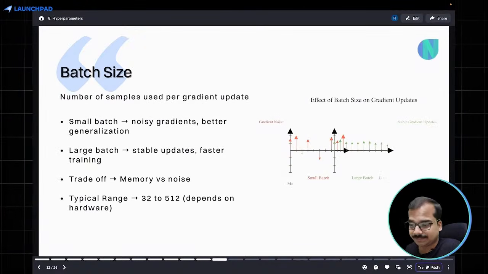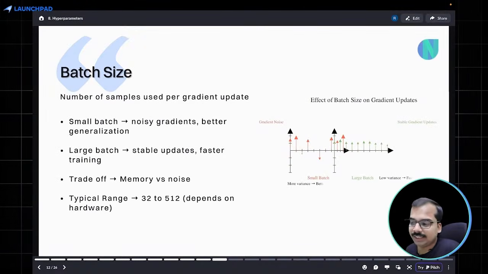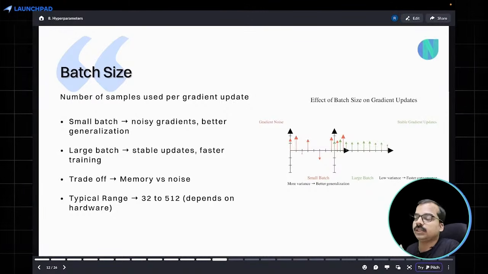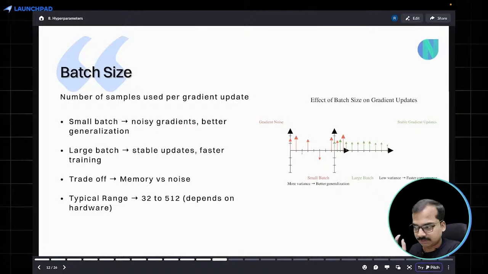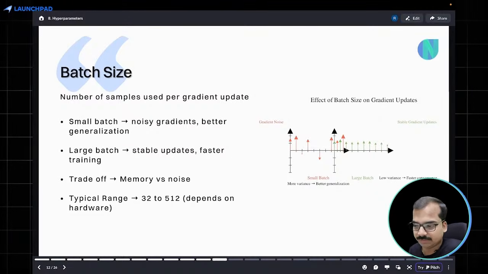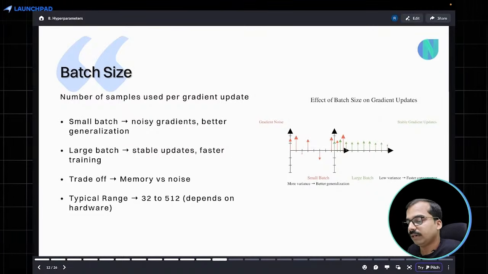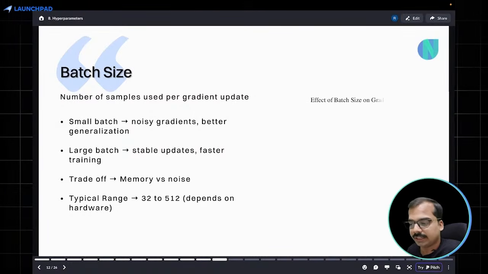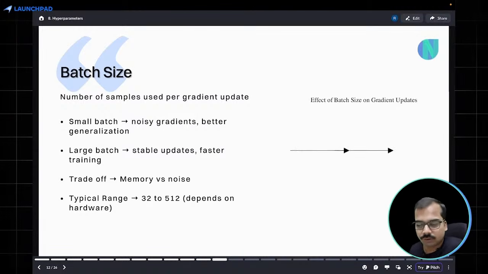Then batch size. Batch size basically dictates how many samples should be passed in the forward propagation before backward propagation starts taking place, right? If you have a very small batch size, then your gradient updates will be quite noisy.